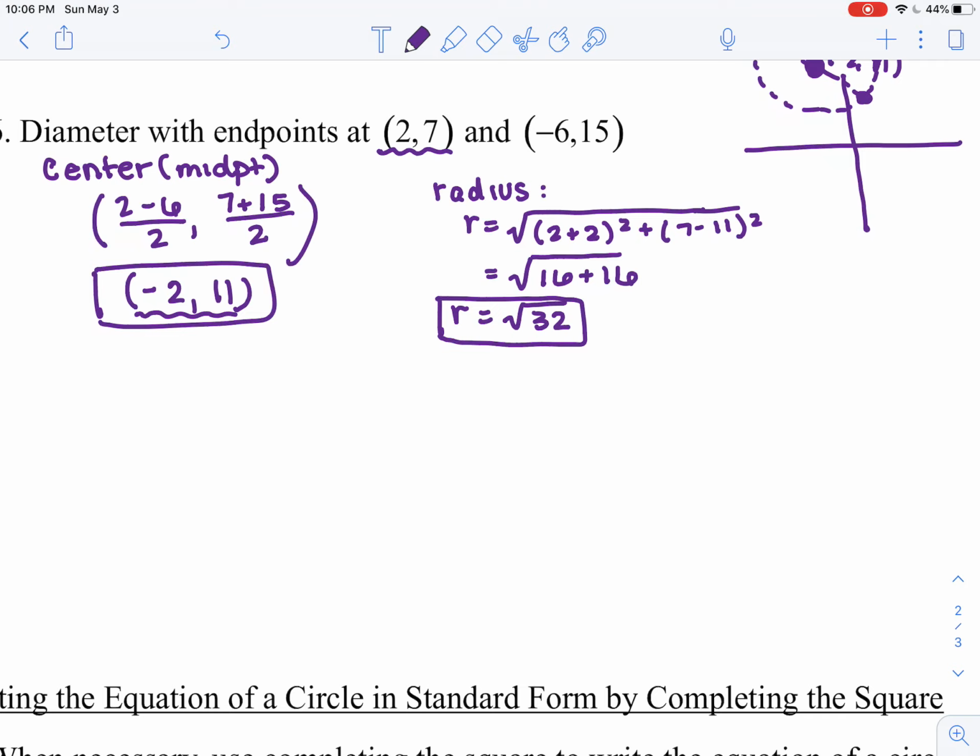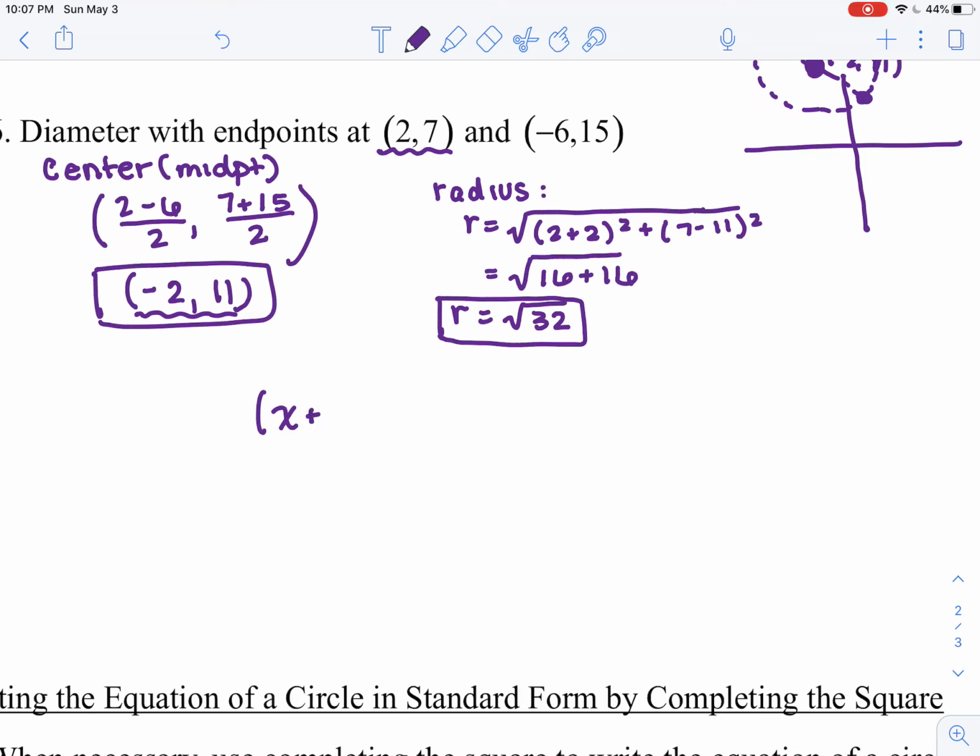And I'm going to leave my radius as a radical. I'm not even going to simplify it, and you'll see why in just a second. Now that we have both the center and the radius, we can plug them into the equation for a circle.